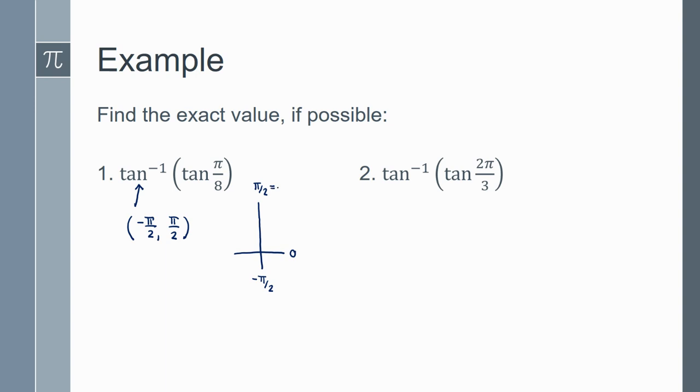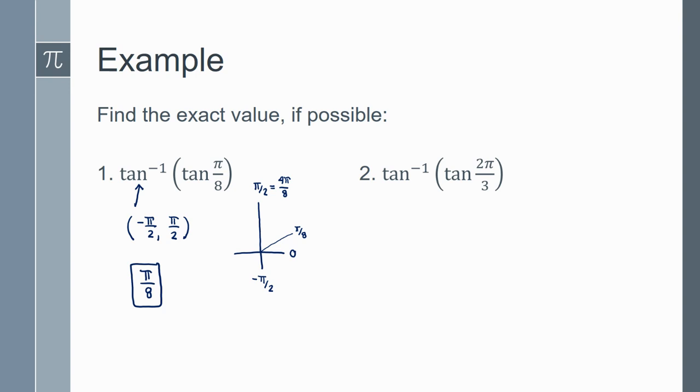So if you need to think about it, think about this as a denominator of 8. That's because I had to multiply the top and the bottom by 4. So technically the top is 4 pi over 8. So yeah, of course, pi over 8 is going to fall somewhere in between 0 and pi over 2. So because it falls within that interval, pi over 8 will be my final answer.